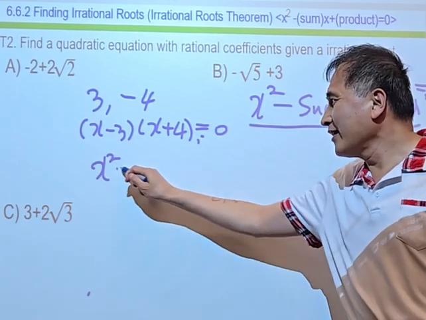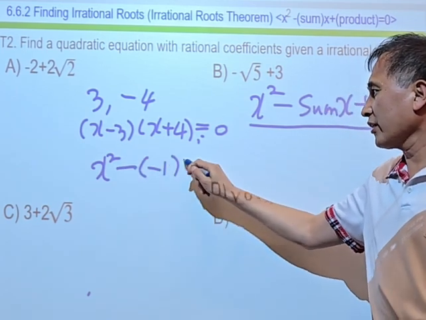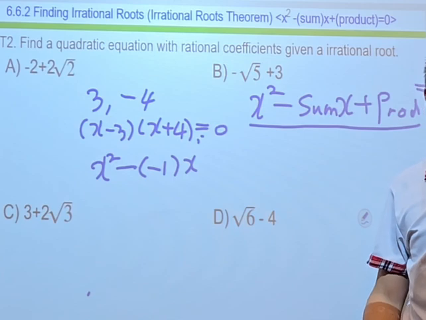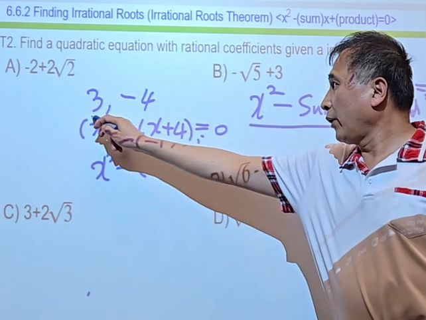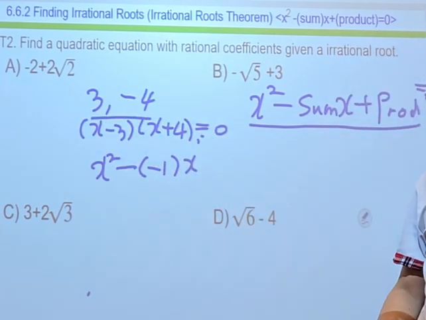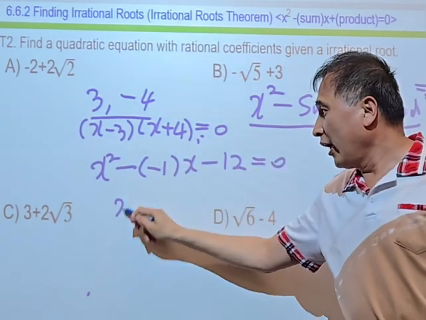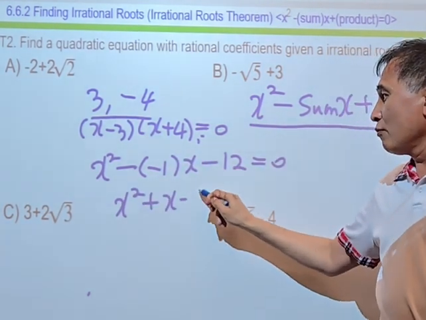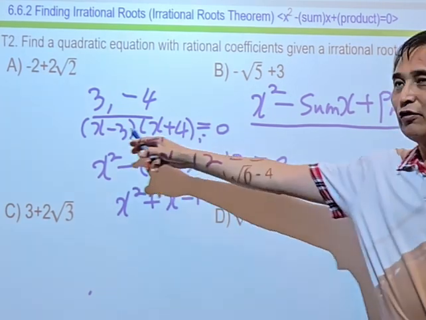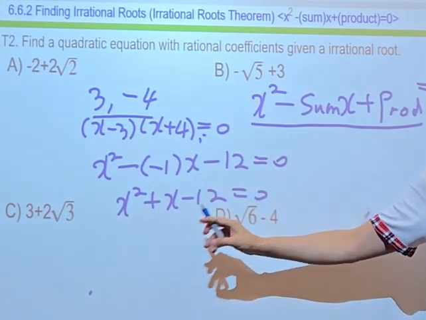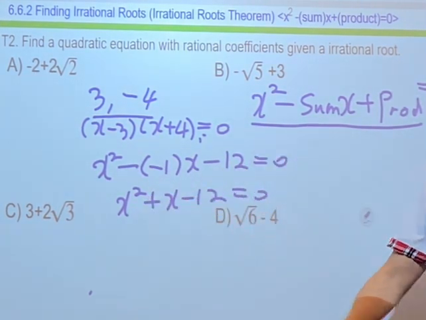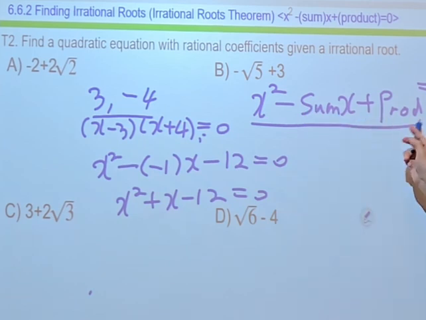Then negative sum, so negative (negative 1)x. What is the product? 3 times negative 4 is negative 12 equals 0. So x squared plus x minus 12. Without FOILing this, you can get it right away. So x squared minus sum x plus product, you better memorize. Okay?